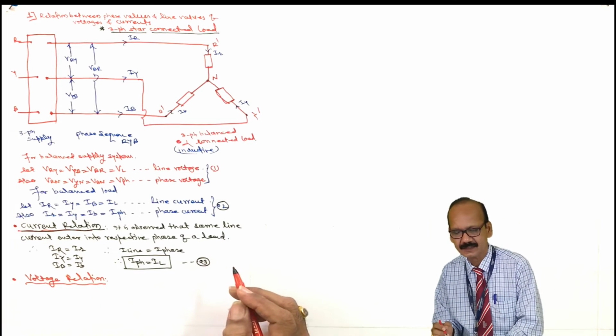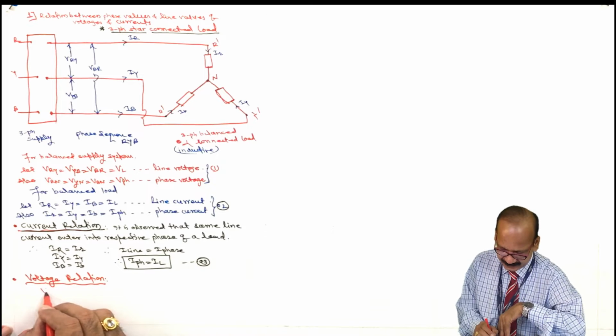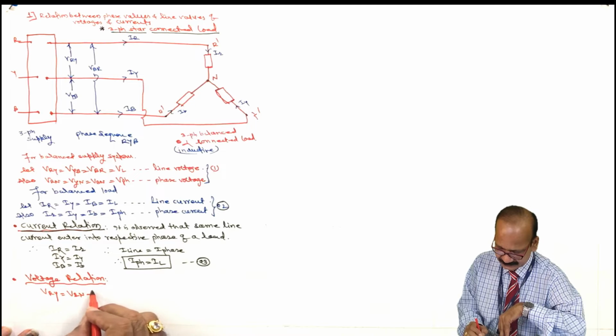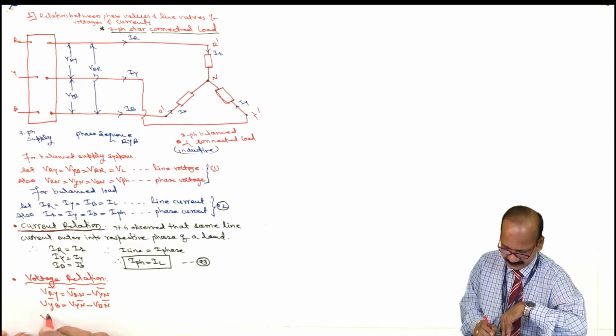Voltage relation. Now here the voltage relations: VRY is nothing but VRN minus VYN. Similarly, VYB equal to VYN minus VBN, and VBR equal to VBN minus VRN.